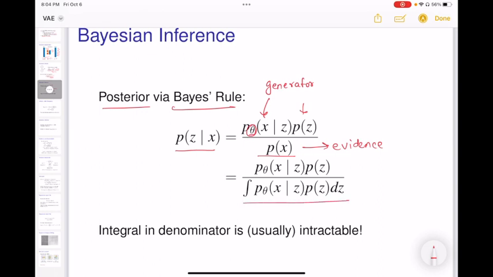But what you'll see is that this integral in the denominator is intractable, which means that we are not able to compute this for real cases, and this serves as a problem for us to do any reasonable inference using this autoencoder. So this is intractable and this is a problem, and let's see how we work around that.